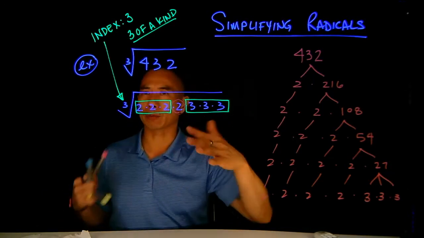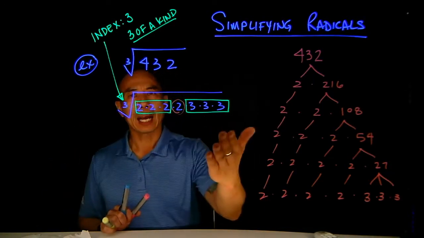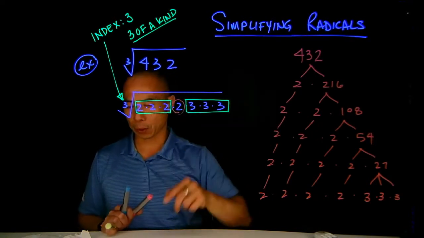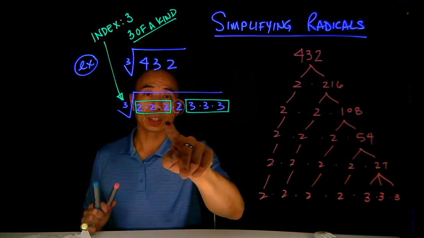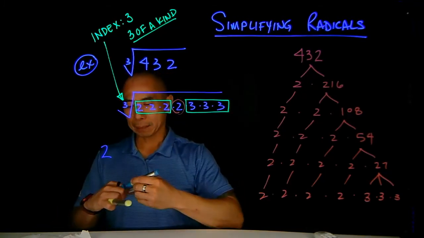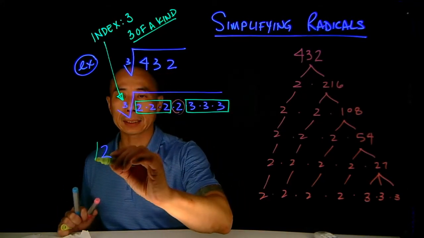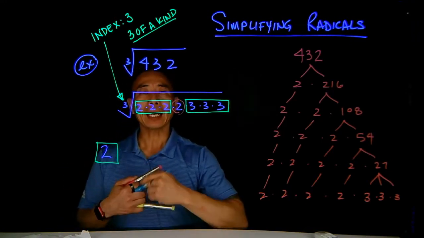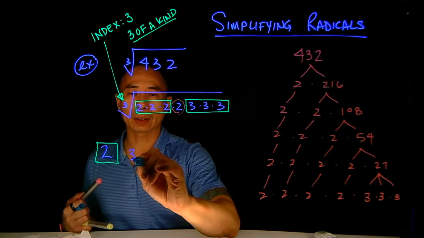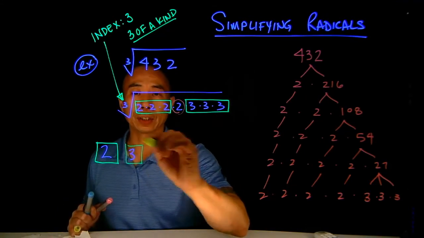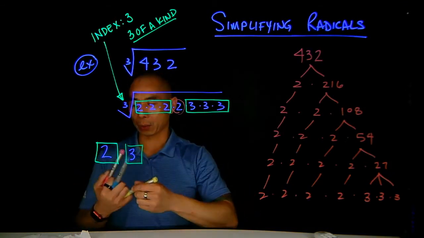All of these guys are right now inside the classroom, and now they get to go out to play if they have groups of 3. So since the 2 right here has a group of 3, they get to come out to play. Let me go ahead and box this so that you know it's coming from that box right there. And the group of 3 also gets to come out and play. I will also box that one so that you know it's coming from that group of 3.